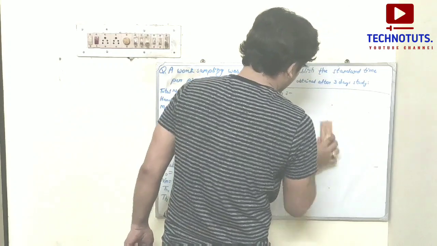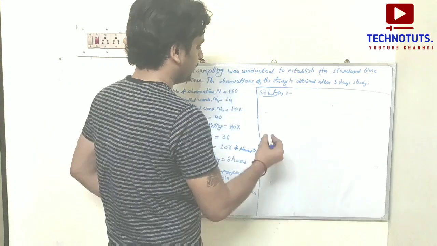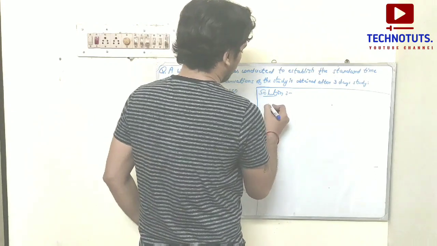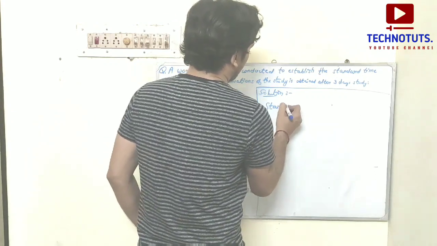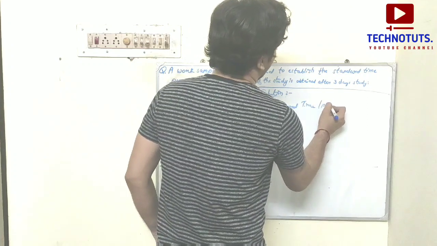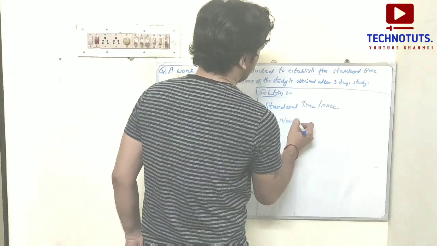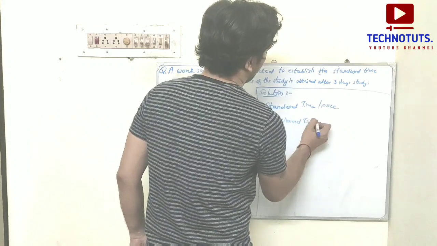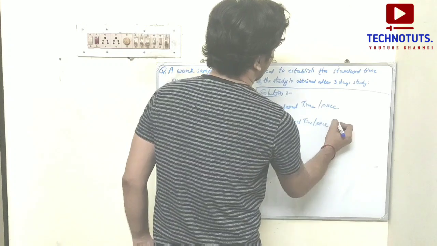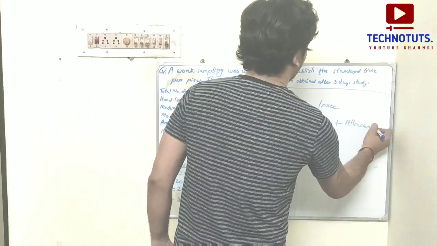So we know that the standard time is the summation of normal time and allowances. So standard time per piece is equal to normal time per piece plus allowances.